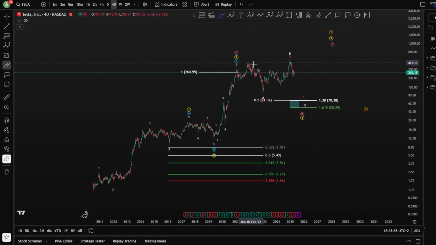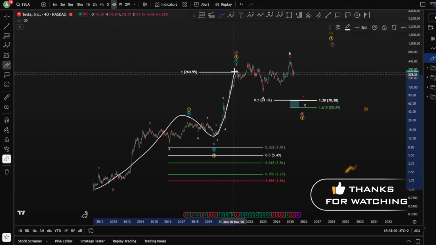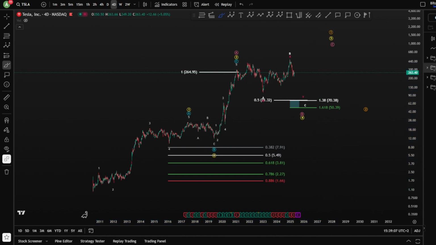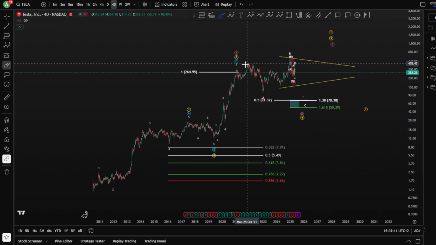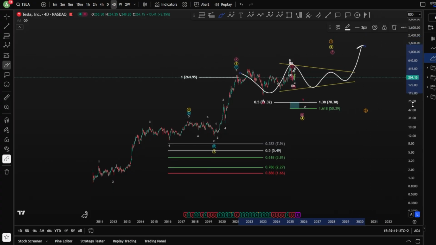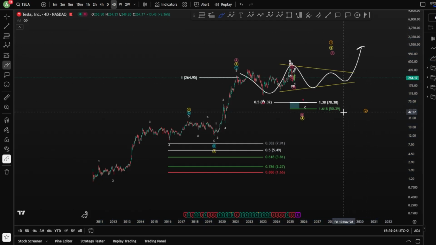So if this is not the case, after finishing here 3 waves up as an ABC, what if you have a sideways scenario, which is the following scenario here, that you might have a triangle, for example, after an A, B, C, D, and an E, and then moving higher, because after 3 waves up, a correction for a wave B is possible, and then wave C might unfold.